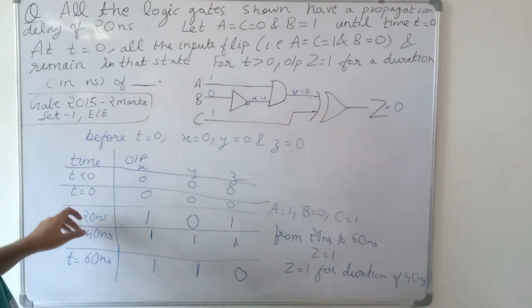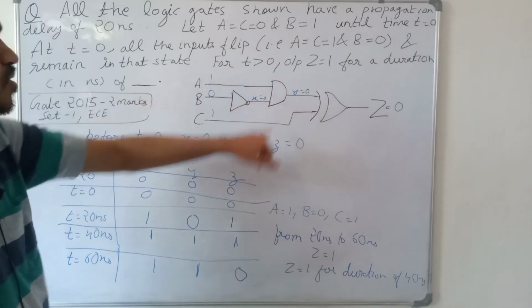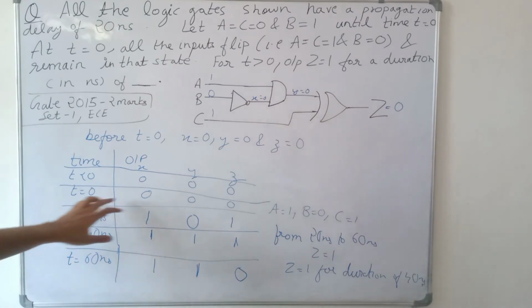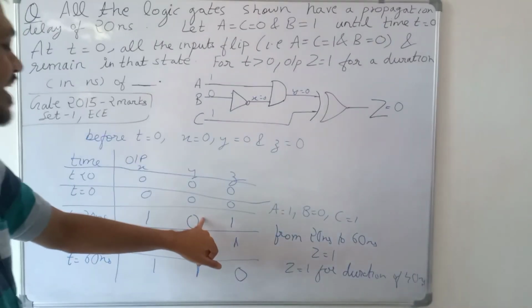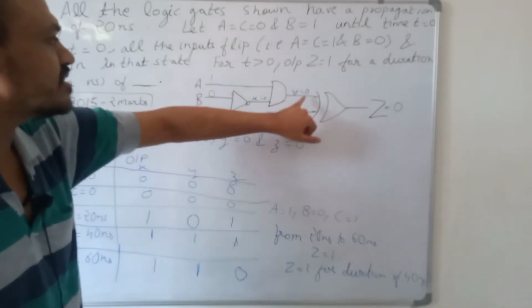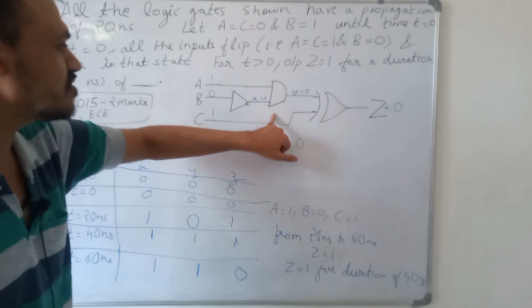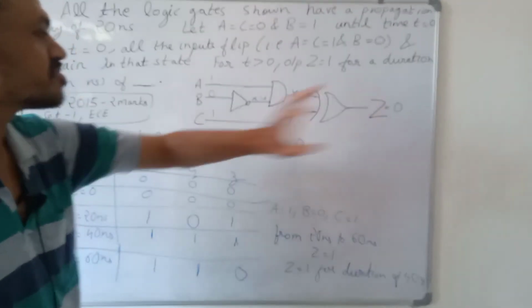At t equal to 0 nanoseconds, a was 1 and x was 0, so at t equal to 20 nanoseconds, y will be 0. Then again at t equal to 0 nanoseconds, y was 0 and c was 1, so z at t equal to 20 nanoseconds will be 1.